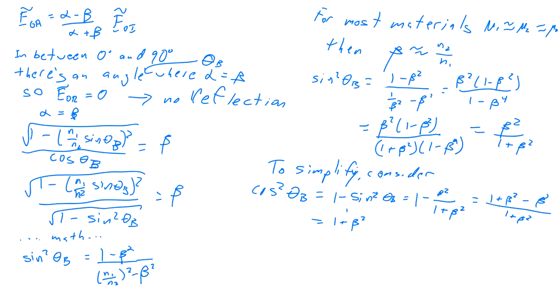So the nice thing now is, before I had beta squared over 1 plus beta squared, and here I've got 1 over 1 plus beta squared, so I could get rid of those denominators and take their ratio. And so the tangent squared of Brewster's angle, which is sine squared of Brewster's angle divided by cosine squared, is equal to beta squared.